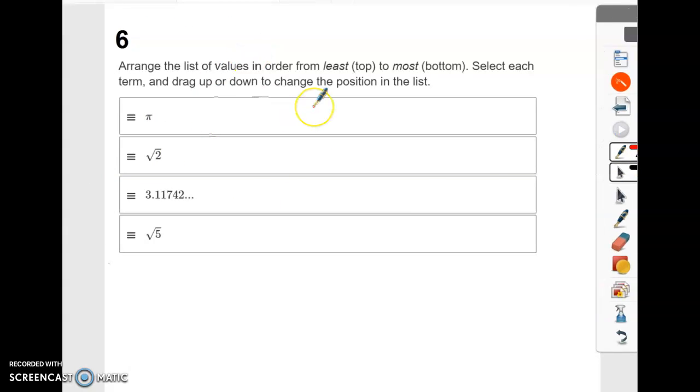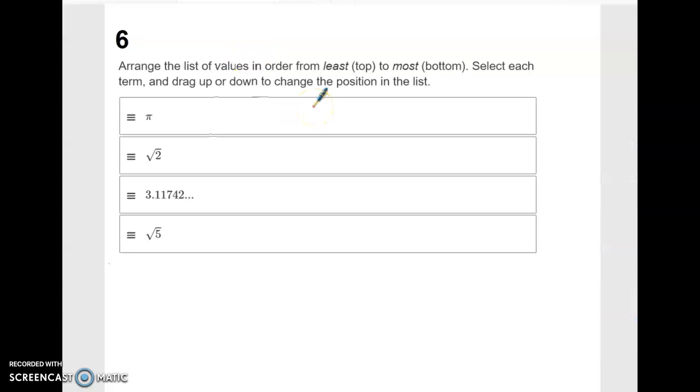Number 6. Arrange the list of values in order from least at the top to most at the bottom. Select each term and drag up or down to change the positions in the list. We know that we're going to need to change each of these into a decimal before they can be solved.